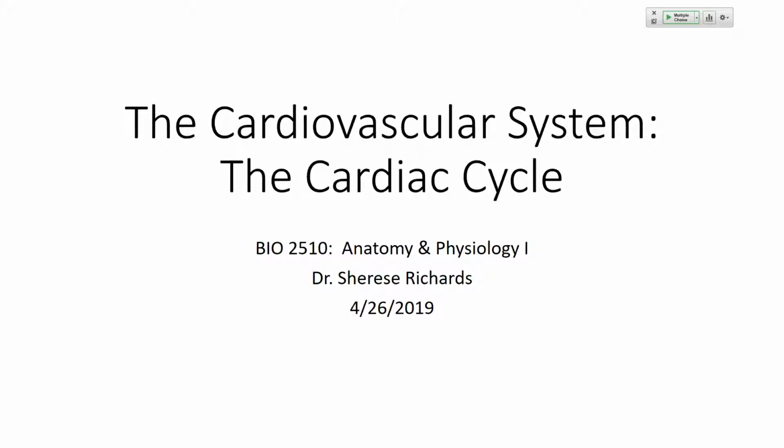Now, before we get into the details of the four phases, let's review the structure of the heart. Let's talk about the chambers again, the valves, and let's just review what's happening here.